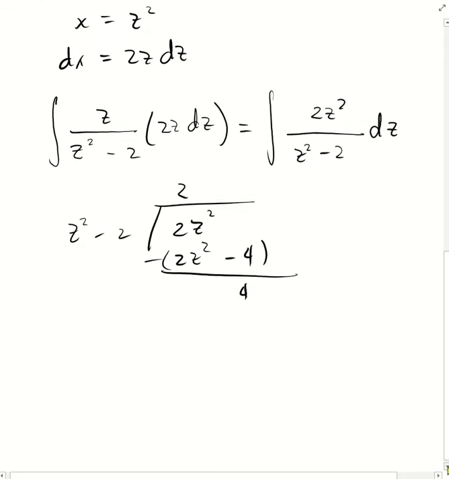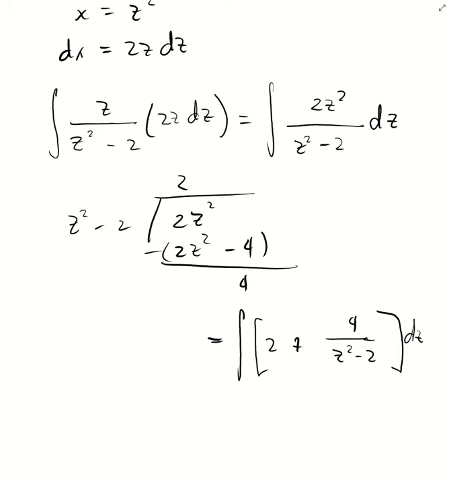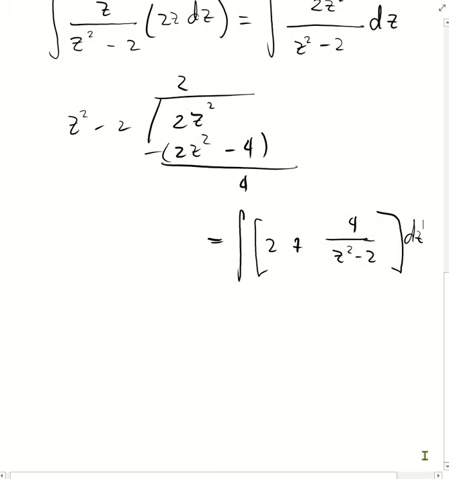The integrand now becomes the integral of 2 plus 4 over z squared minus 2 dz. Then we can now integrate. We distribute the integral, so this will be the integral of 2 dz plus the integral of 4 over z squared minus 2 dz.